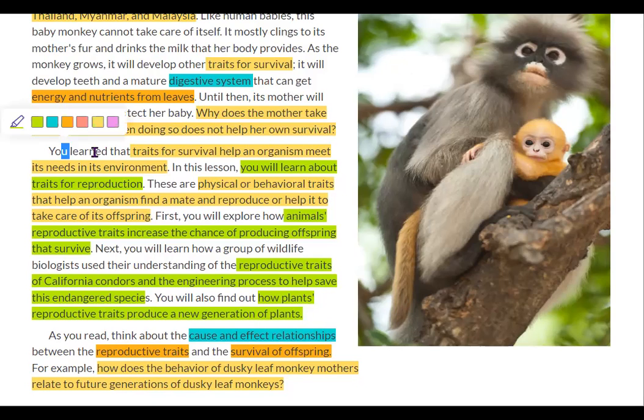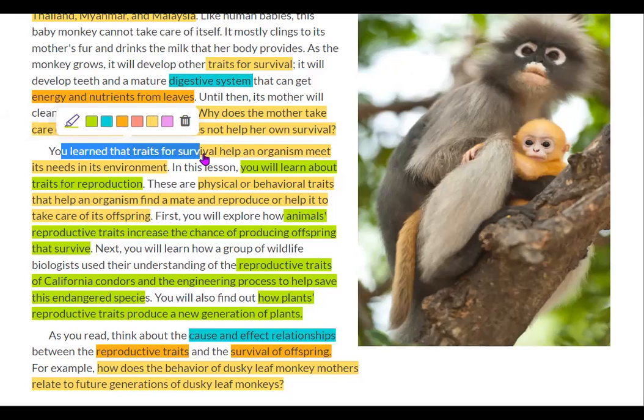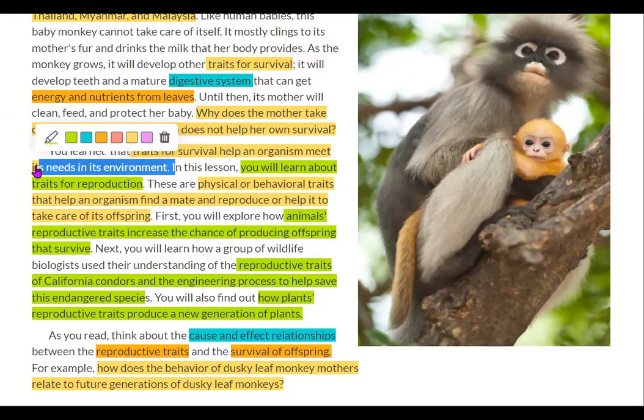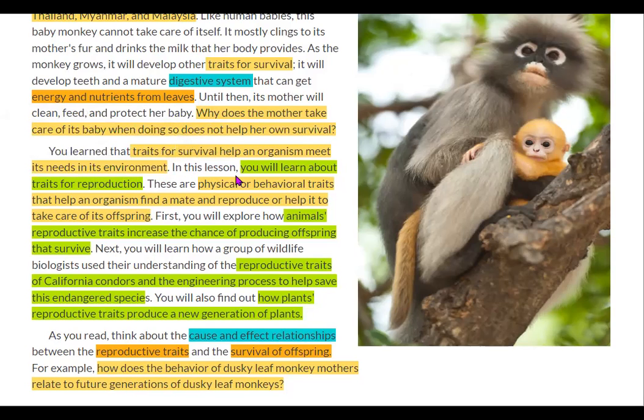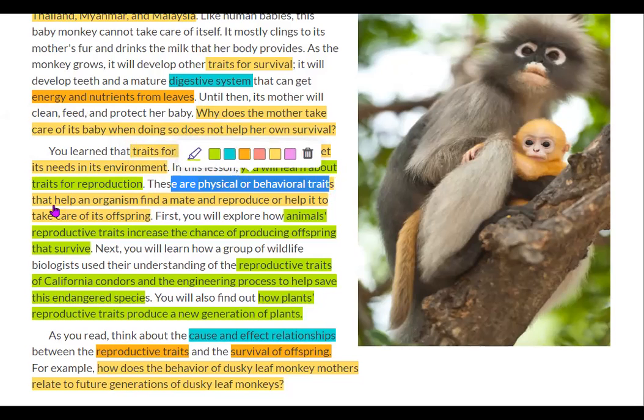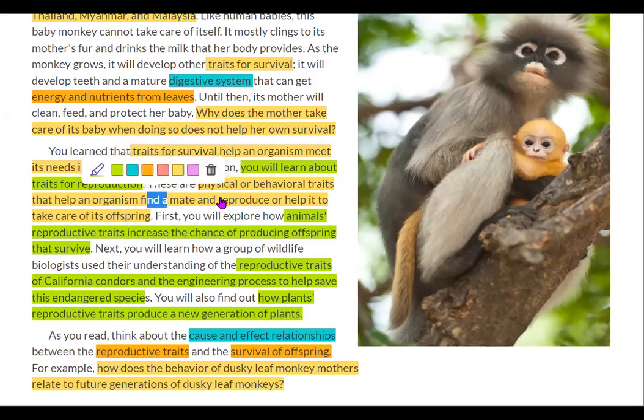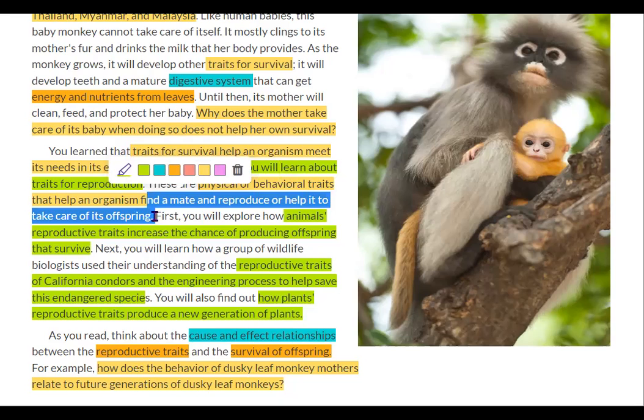And so here we learned about traits for survival. In lesson 1, traits for survival help an organism meet its needs from its environment. In this lesson, lesson 2, traits for reproduction, we are going to learn about physical and behavioral traits that help an organism find a mate and reproduce, or help it take care of its offspring.